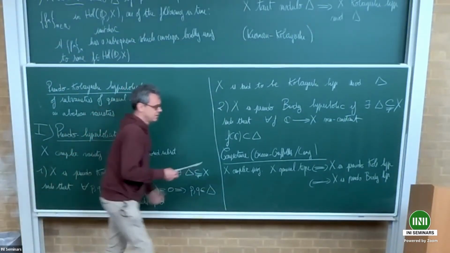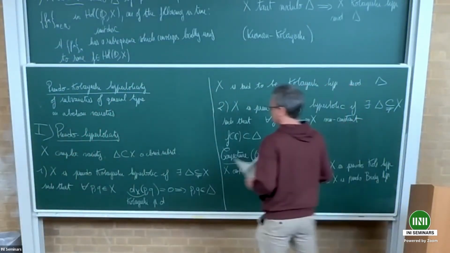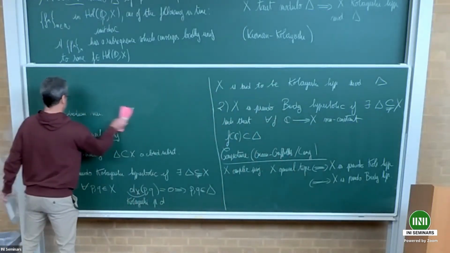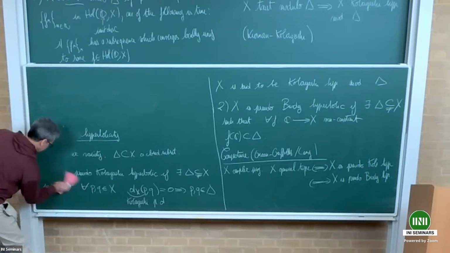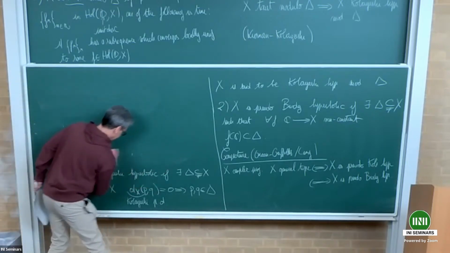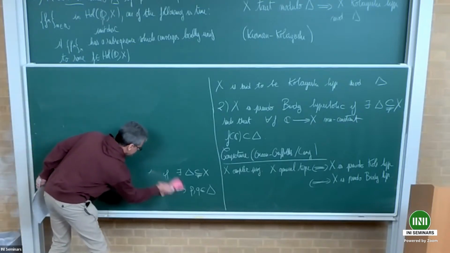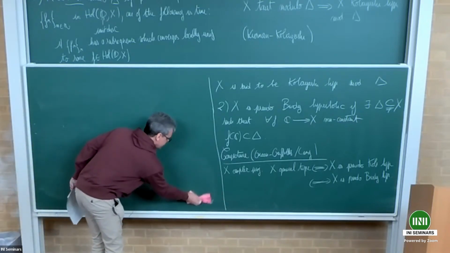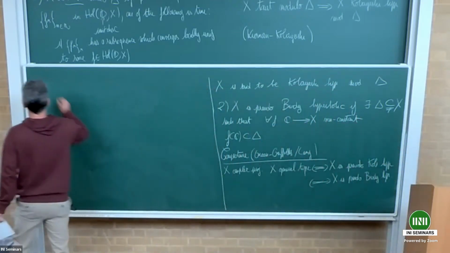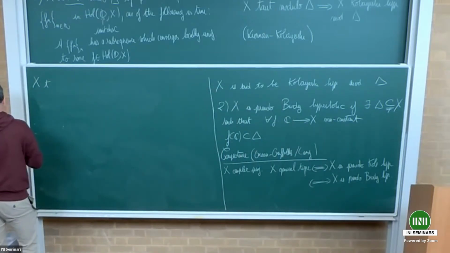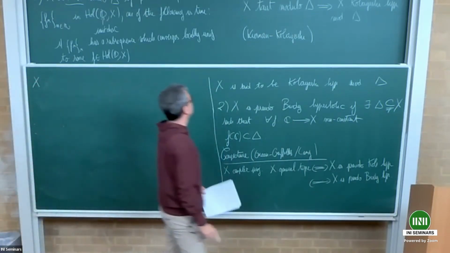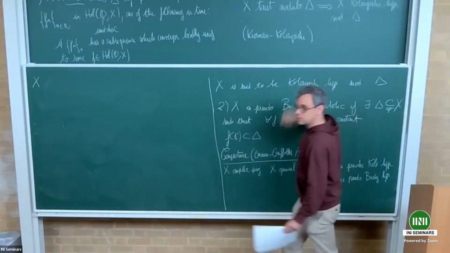So we remark, as I said, that it was not known if pseudo-Brody hyperbolic was implying pseudo-Kobayashi. And in fact, also here, one can observe that the converse of this is false.